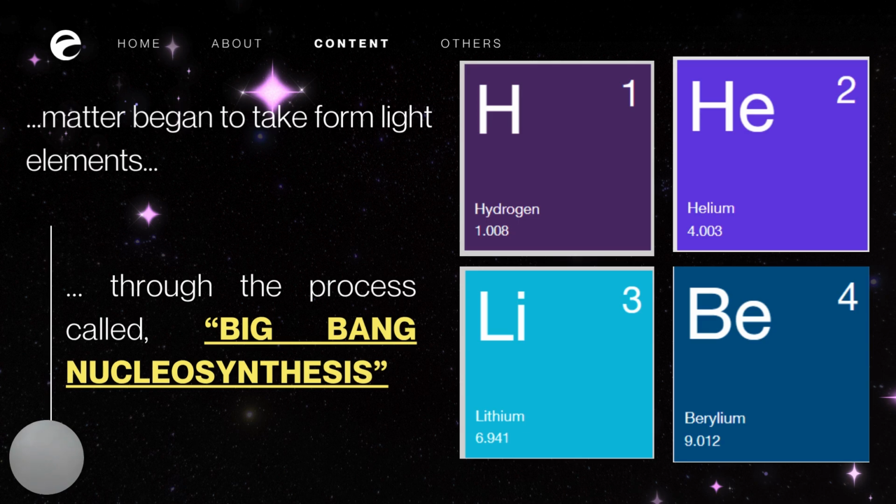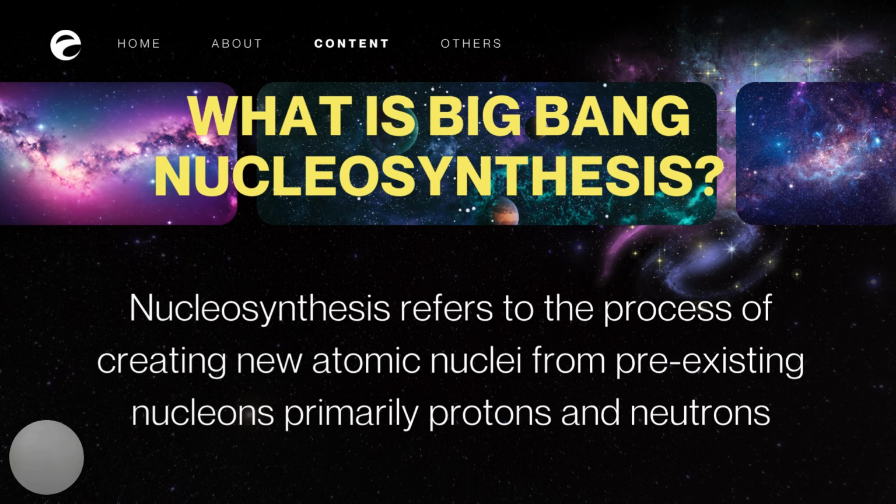And it is through the process called Big Bang Nucleosynthesis. The light elements hydrogen, helium, lithium, and beryllium were formed through the process of Big Bang nucleosynthesis. So what is Big Bang nucleosynthesis? Nucleosynthesis refers to the process of creating new atomic nuclei from pre-existing nucleons, primarily protons and neutrons.